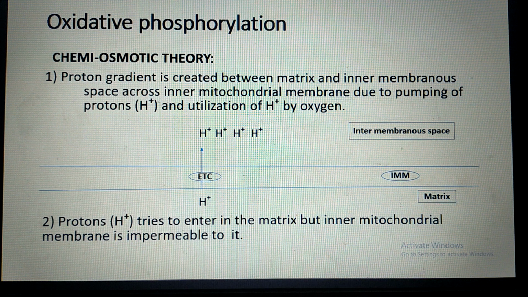But this inner mitochondrial membrane is not 100% impermeable to protons. A small amount of protons pass directly through the inner mitochondrial membrane and enter into the matrix, and during this process they bypass the FO-F1 complex, and hence ATP is not synthesized.